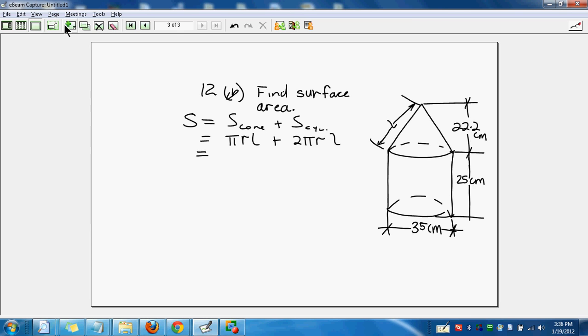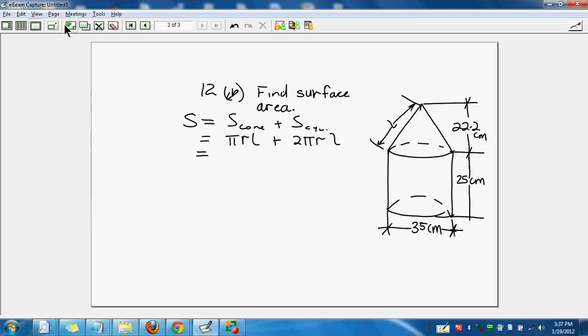The technique we will use is to drop a perpendicular line down to the base of the cone, come across with another perpendicular line like this, and recognize that we will have two sides of a right angle triangle.